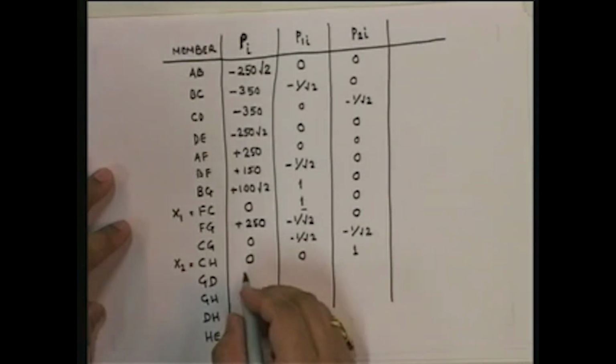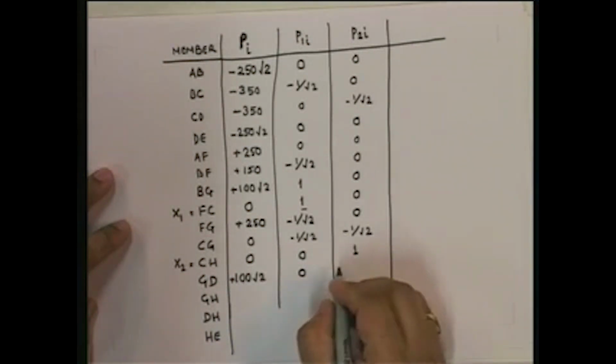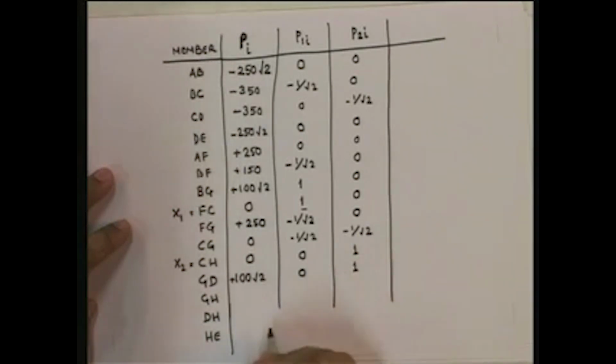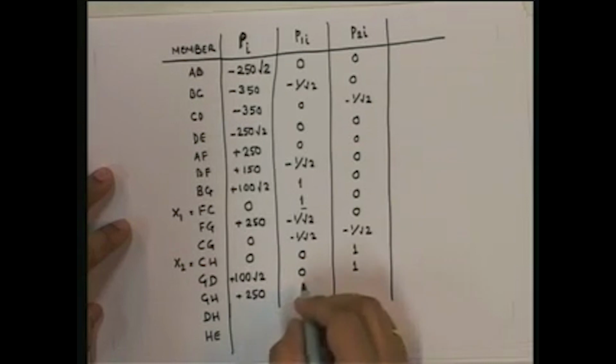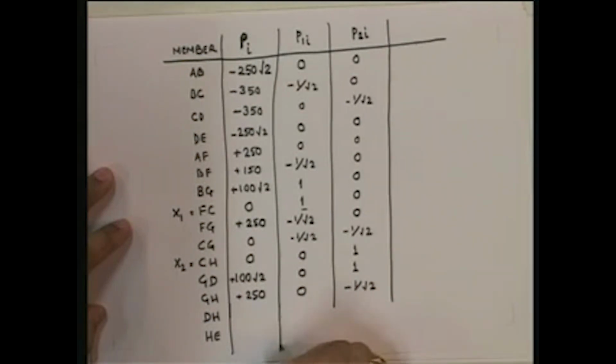GD is going to be equal to 100 plus 100 root 2 here. GD is going to be 0 here, and equal to 1 here. GH is going to be plus 250 here, 0 here, and minus 1 over root 2 here.